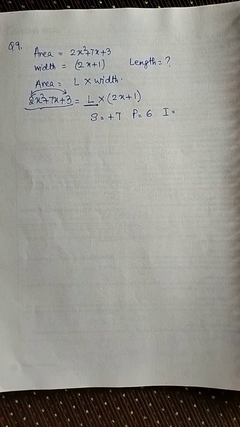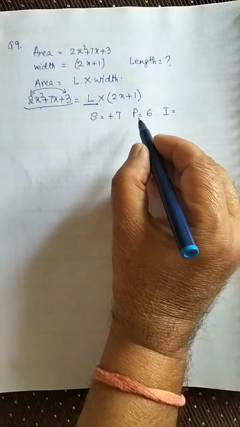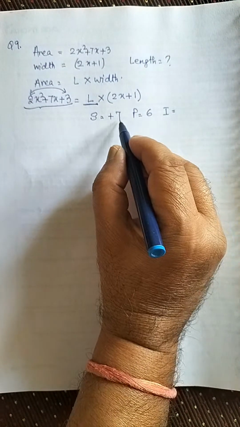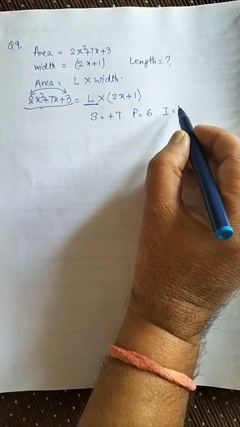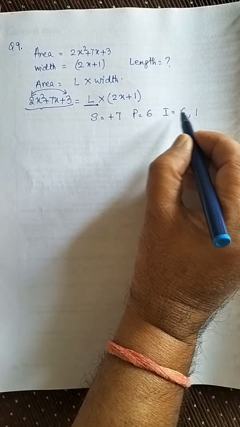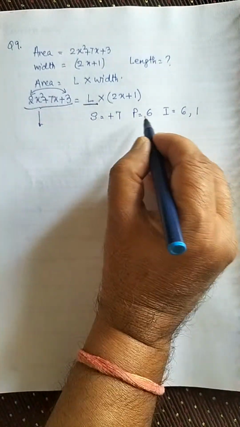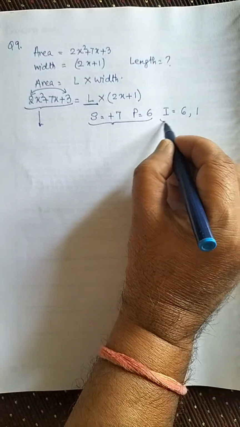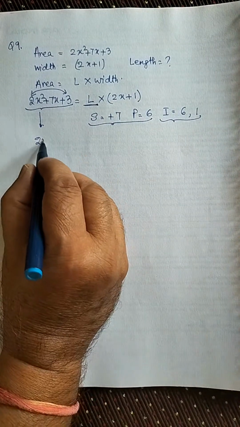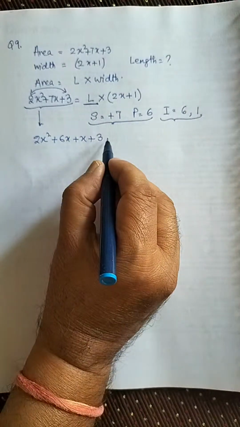What can be the two numbers whose product is 6 and sum is 7? This is very simple. 6 and 1 add up to 7, and 6 and 1 multiply to give you 6. Now I'll write this expression in terms of these integers: 2x square plus 6x plus x plus 3.